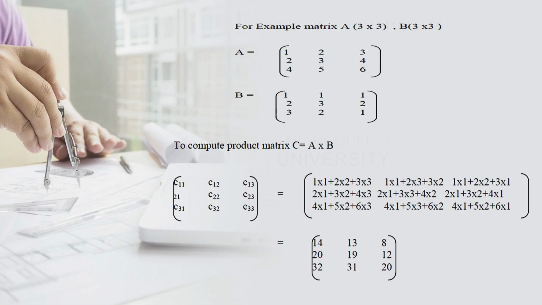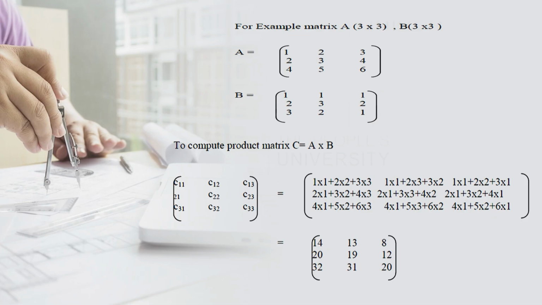Similarly, all the elements are computed, and you can see how many multiplications will be counted. That number of multiplications will be in the order of n cube. In this case, how many multiplications are there? Here 3 multiplications, 3, 3, 3, that is 9, and 9 times 3 is 27.